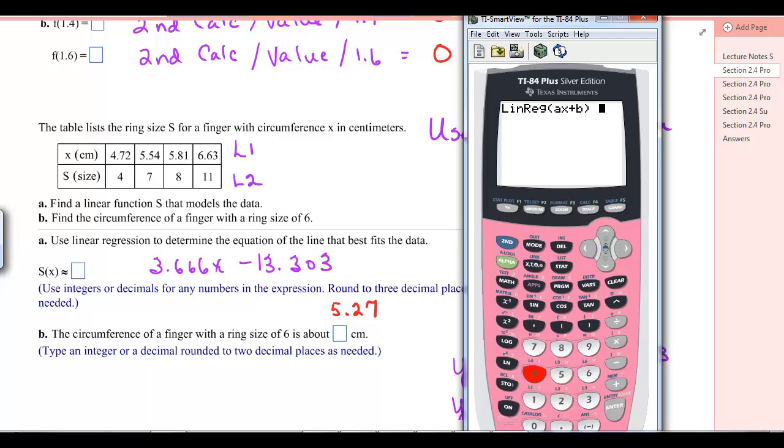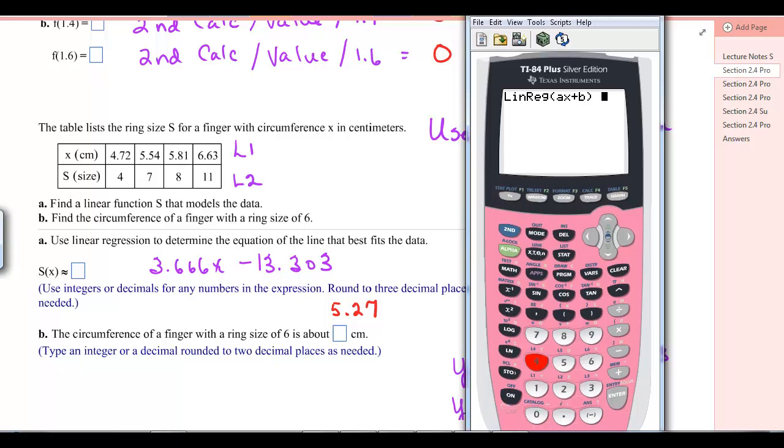Now, we want to tell the calculator, take what's in L1, L2, and put it in Y1. And so this is all on your sheet of the process, but we're going to do second and the 1 key. That gives me L1. I'm going to put a comma. Then I'm going to do second and the 2 key. That gives me L2. I'm going to add another comma. So right now I'm saying take that data in those two places and I want to put it in Y1.